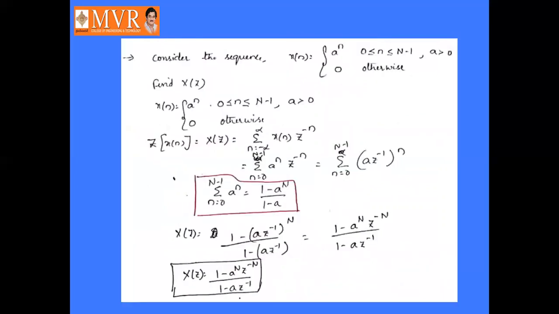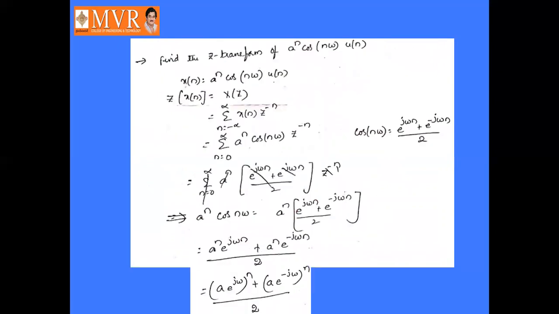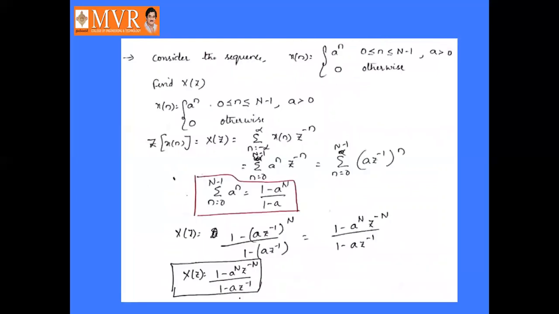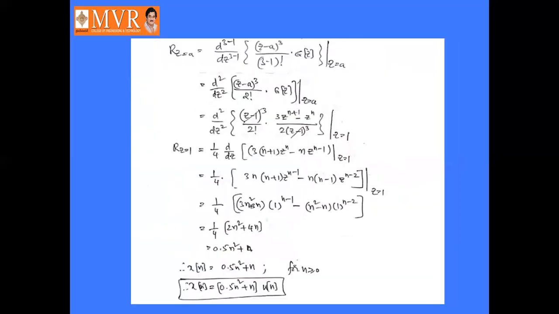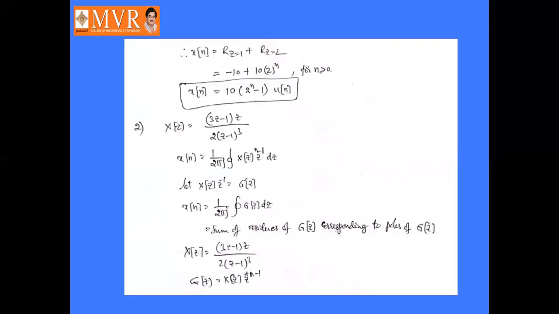Z power m into z power minus n is already solved. This was also solved. These are the Z transforms and inverse Z transforms, the properties, and ROC, everything was discussed there. With this, I am concluding this class. Tomorrow I will continue in the next class.